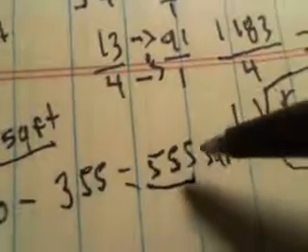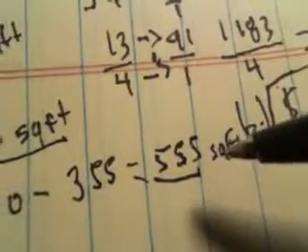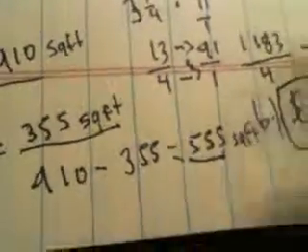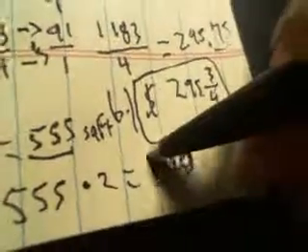And we have 555, so we need to multiply that. 555 times 2, and that gives us $1,110. And there you go. 1,110 is the cost in dollars. So we're done. That's letter C.